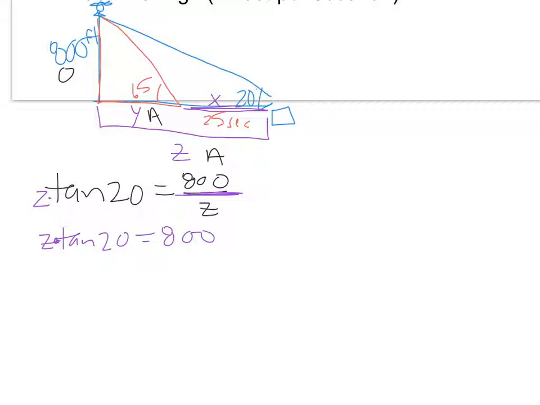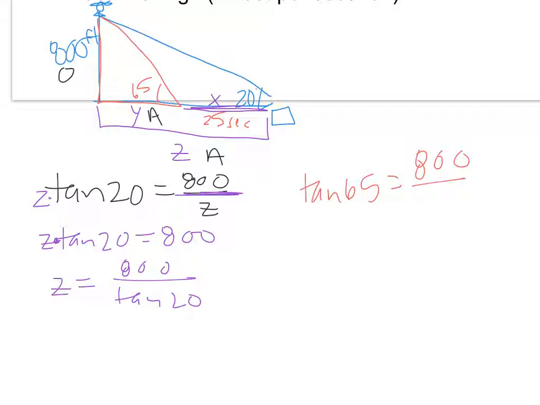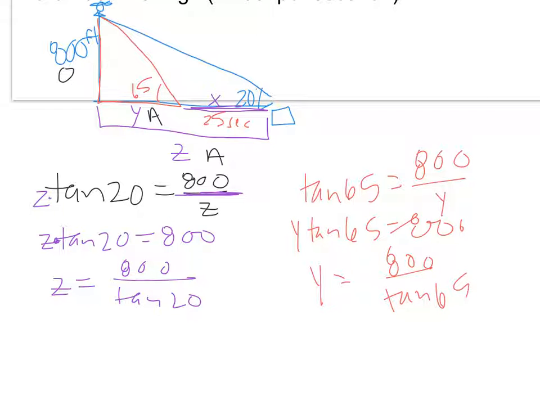So z is going to be equal to 800 divided by tan of 20. Now the other one is going to be the same process for y, except now tan of 65 is equal to my opposite over my adjacent. And you multiply over here, and then you divide by tan, so y is equal to 800 divided by tan of 65. So now I can take those two and subtract them. Taking this and subtracting this will give my x.